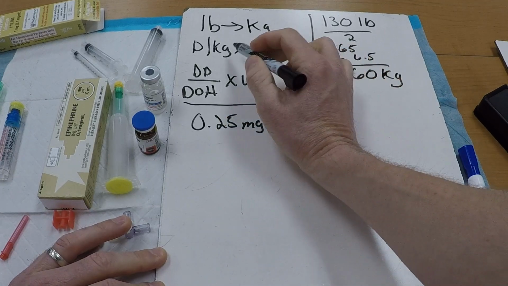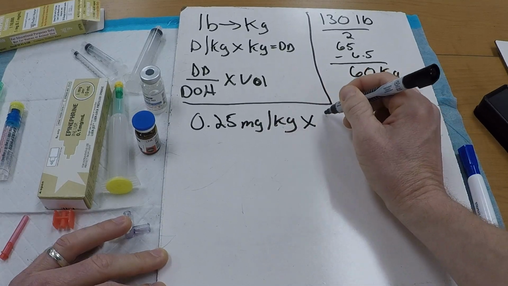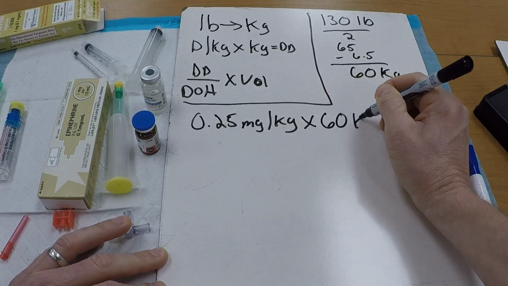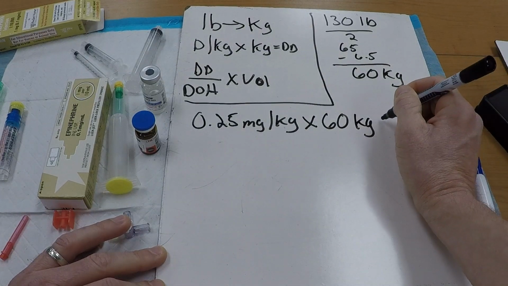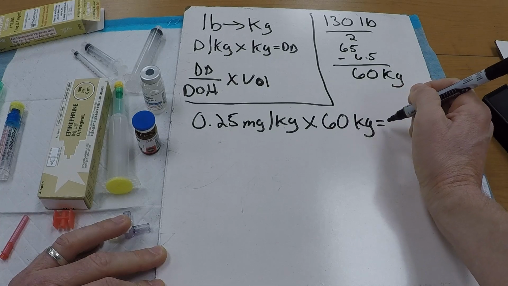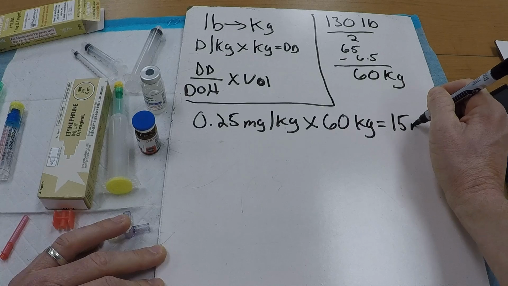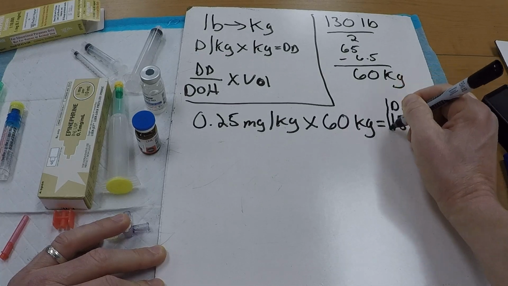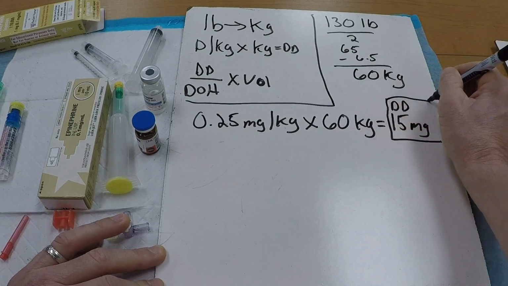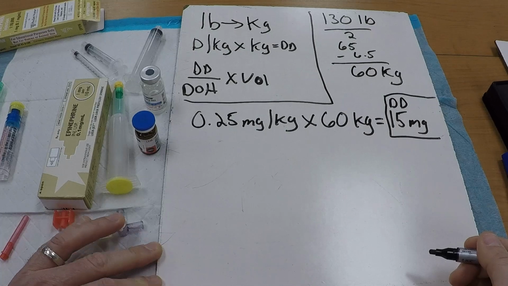So first thing we're going to do is take our dose and multiply that by 60 kilograms, and that is going to give us 15 milligrams. Desired dose 15 milligrams, a lot less than the dose that we're going to be giving for sedation.